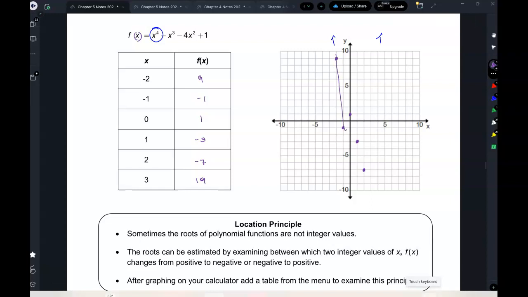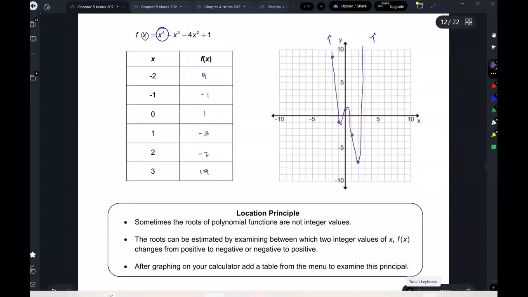Here. It has to go back up for this, come back down, further down, and then it has to go back up because at x equals 3, it was +19. So all the way up like that. So do you see how there is really no other way for this to look than this, okay?